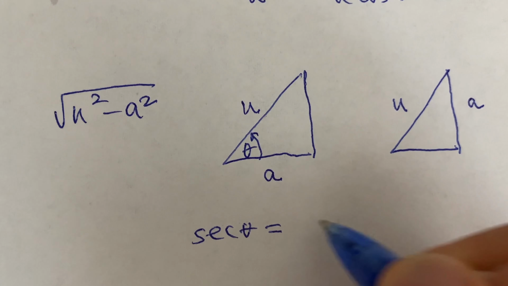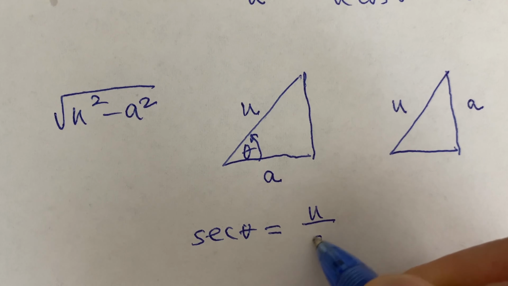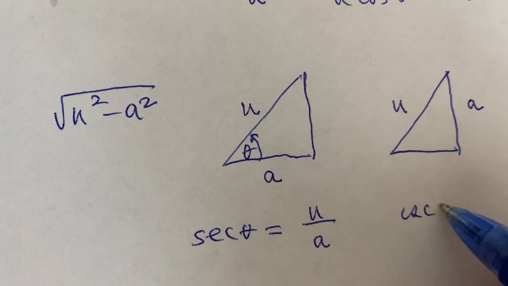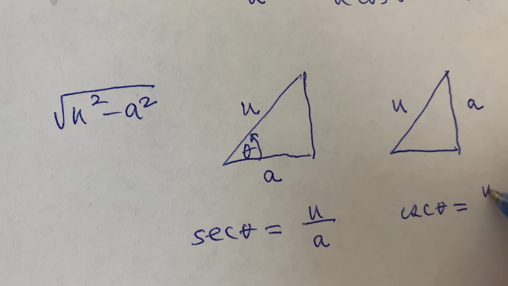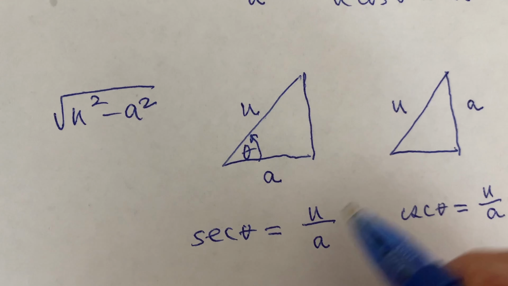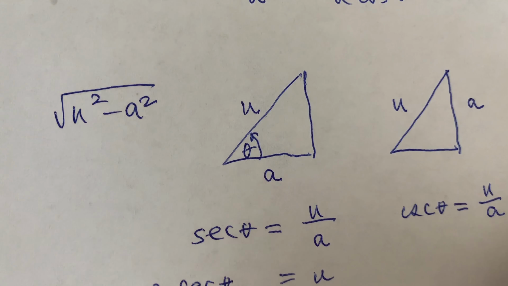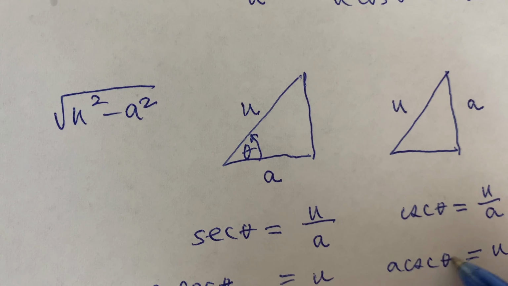Secant of theta is equal to hypotenuse over adjacent. In this case, what will I use? I'm going to use cosecant of theta, which is equal to u over a. This will give us u is equal to a secant theta. This one will give me u is equal to a cosecant theta.